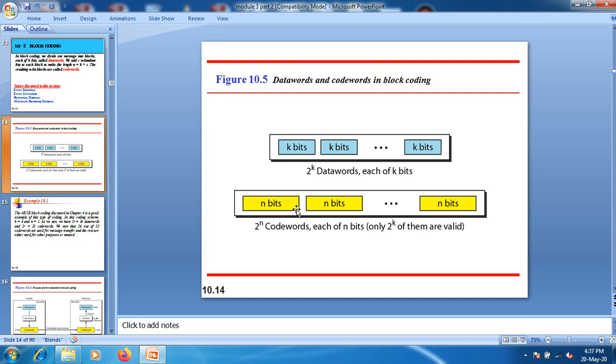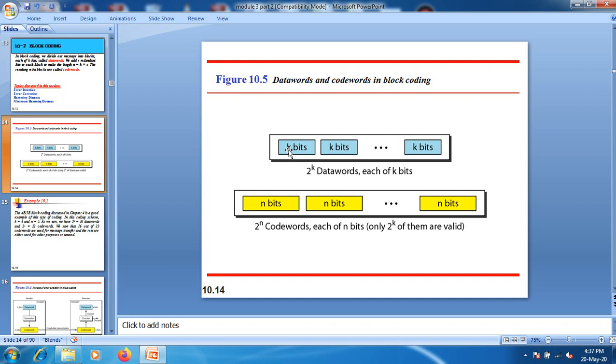Those are nothing but redundant bits, so that we can generate the code words for these data words here. With these n bits, where n is greater than k, we are generating around 2 to the power n different code words.